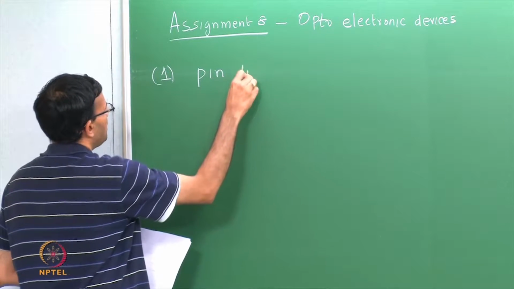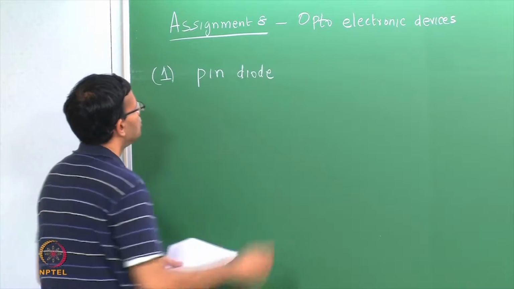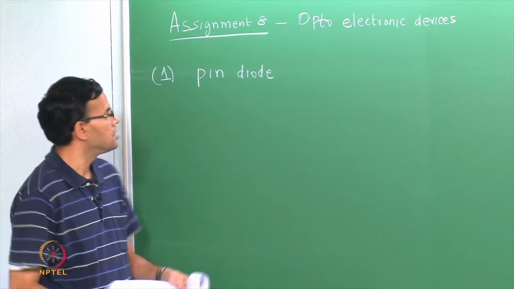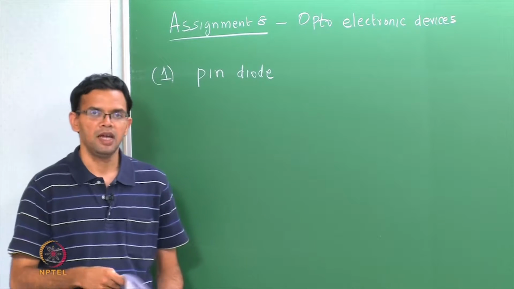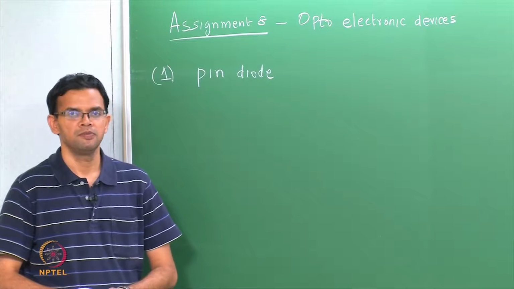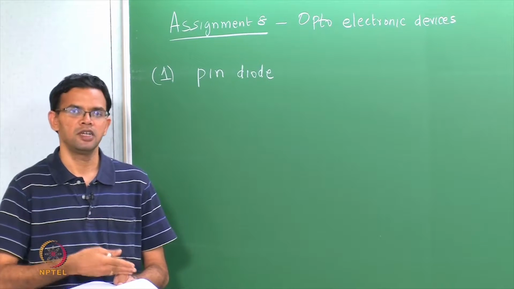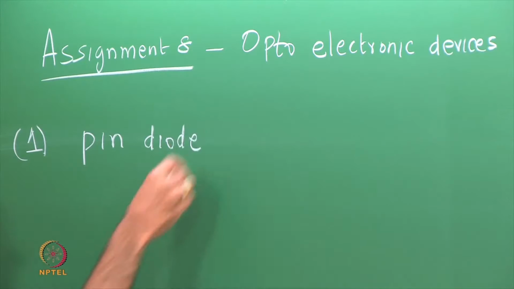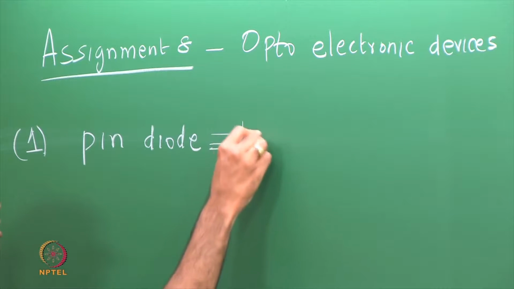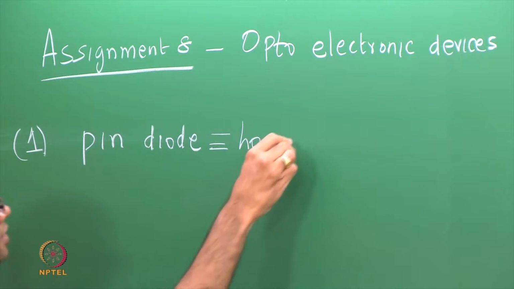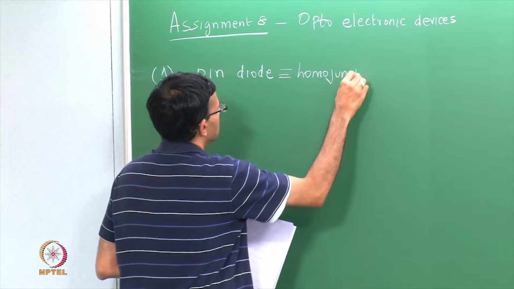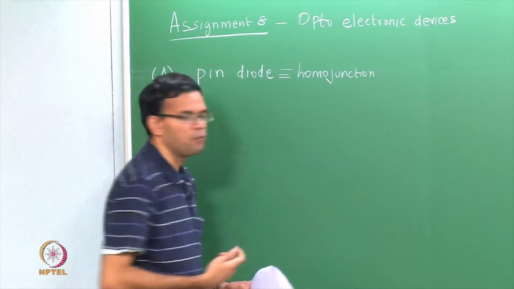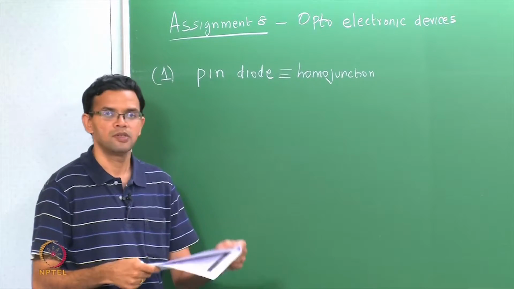So, we have essentially two interfaces, one between the P type and the intrinsic material, the other between the intrinsic and the N type. For simplicity, we will just take this to be a homo junction. So, all the three materials are the same. The only difference is in the doping concentration and the type.